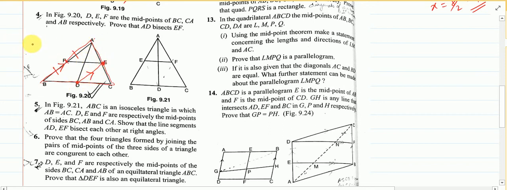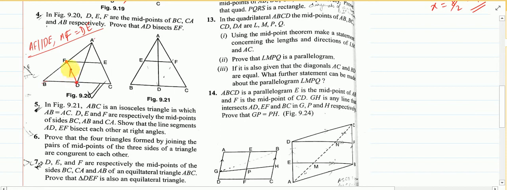So what we are getting is that AF is parallel to DE, and AF is equal to DE. Once we join DE, we got this information. Next we will join D and F. D is the midpoint of BC and F is the midpoint of AB.